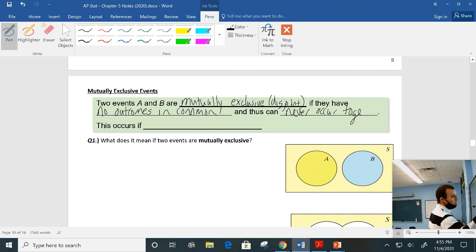So for example, being in block 1A statistics and being in block 1A gym are mutually exclusive events. You can't be in both. This occurs if the probability of A and B is equal to 0. And we'll look at some Venn diagrams in the remaining examples in class for that.